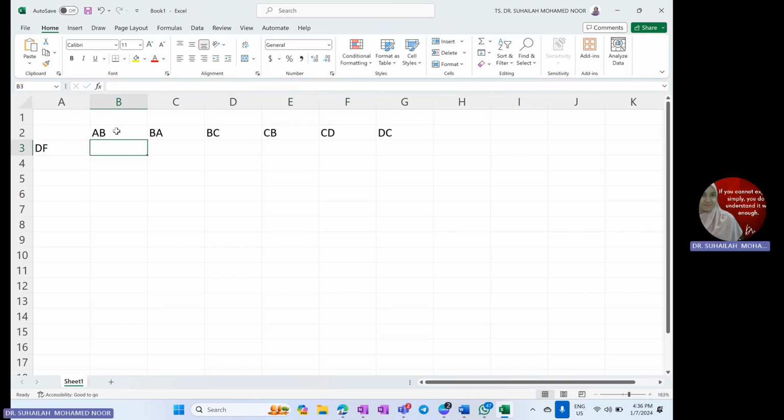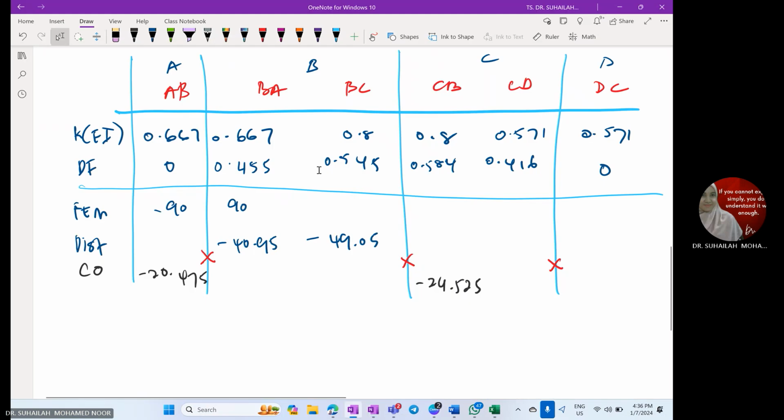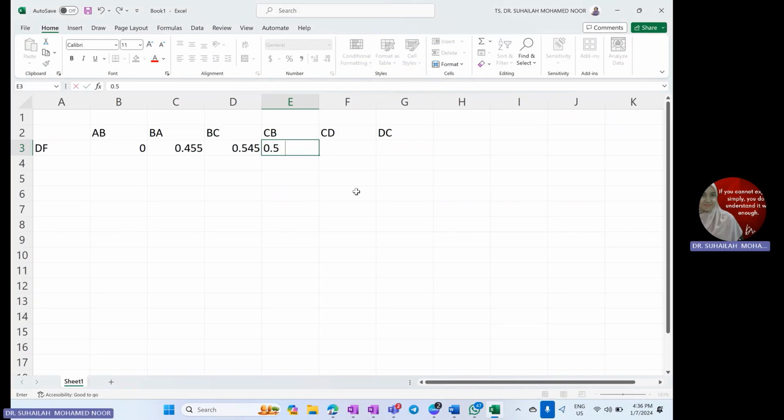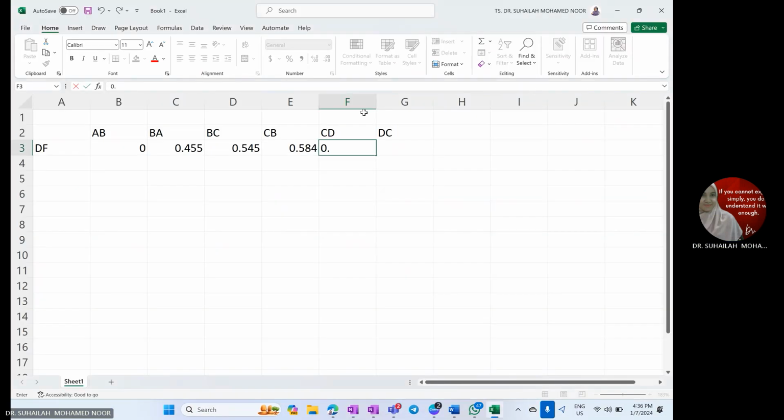The distribution factors are 0, 0.455, 0.545, 0.584, 0.584, and 0.416, which is actually 1 minus the previous one.